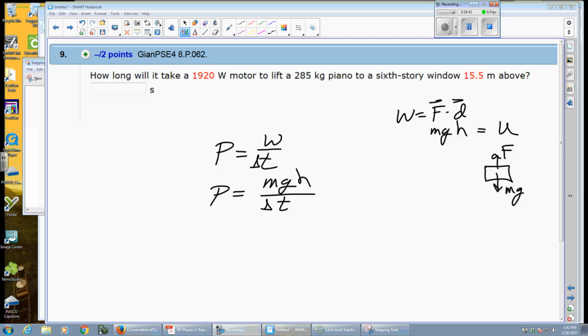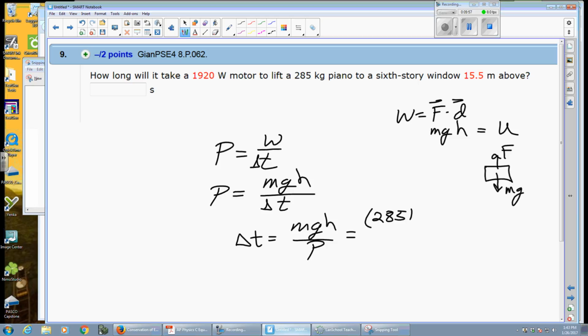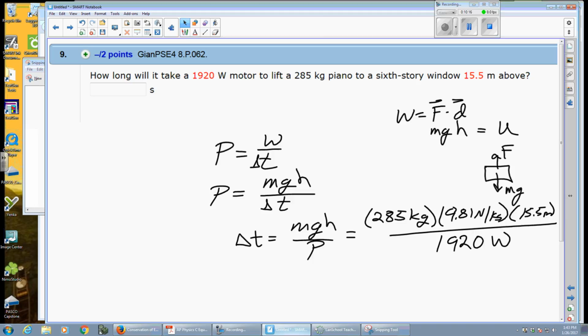Rearranging, delta time is mgh over the power. 285 kilograms, 9.81 newtons per kilogram, and 15.5 meters, all over 1920 watts. Since a watt is a joule per second, I don't have any conversion to do. That makes me happy.